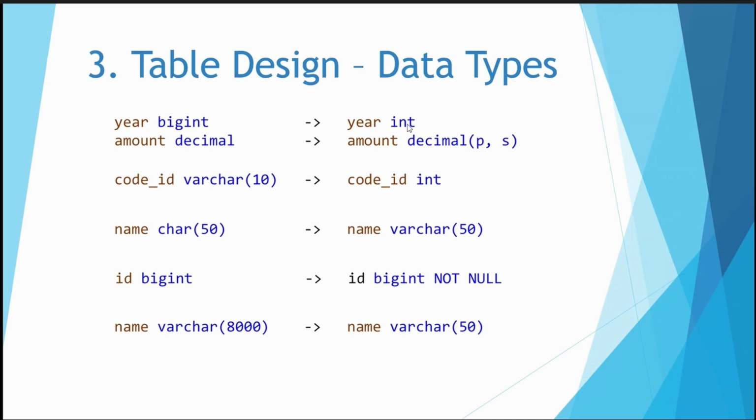If you've got an ID field, like a surrogate key to join my tables together, use an integer for it. Don't use a character field to join on. Again, use varchar in the Fabric world. Use not null where possible, and don't use those 8,000 length varchars.